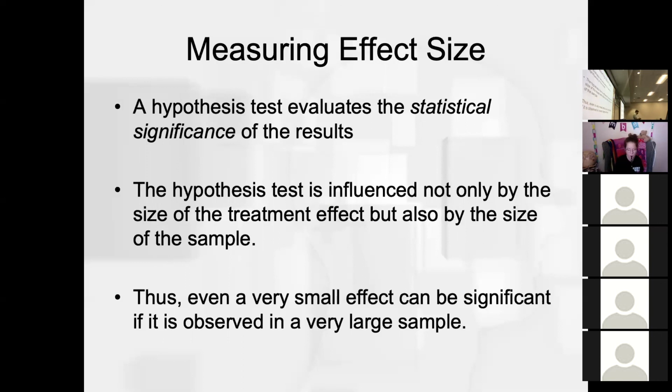Right, so the hypothesis test is influenced not only by the size of the treatment effect, but also things like the sample size. And so if you get a big enough sample size, you're going to be able to find significant differences between any groups. Thus, even a very small effect can be significant if it's observed in a very large sample.